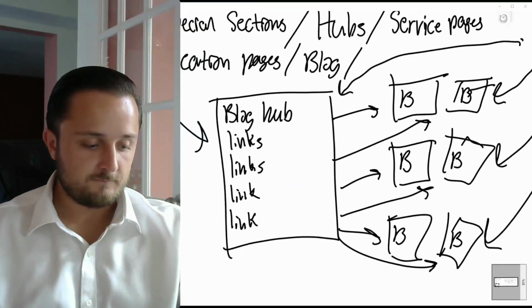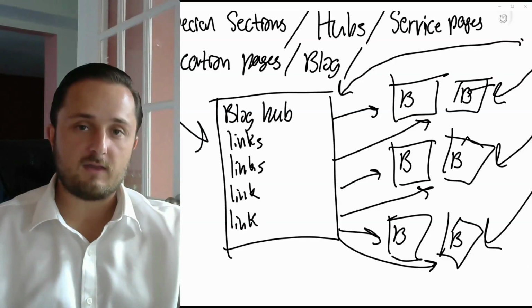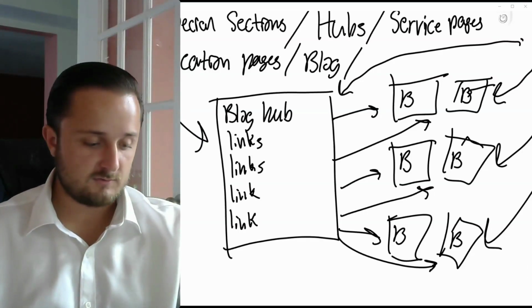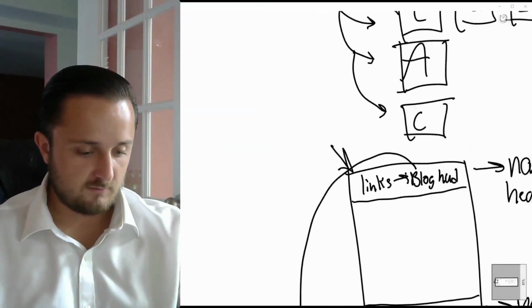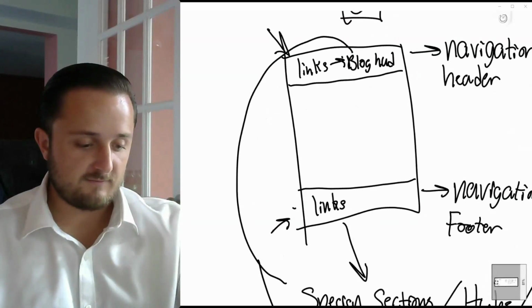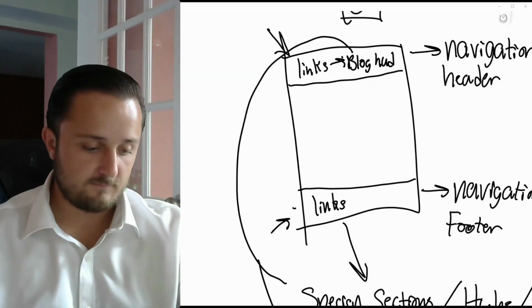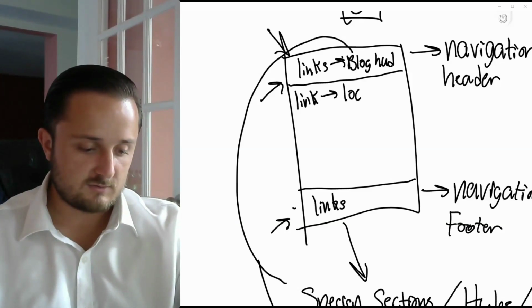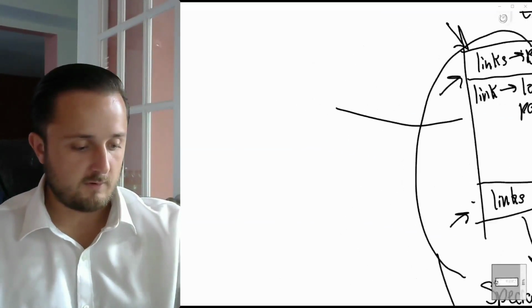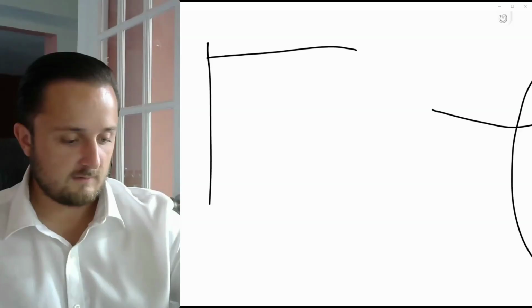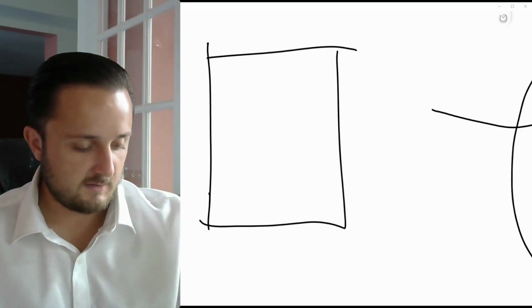So let's say that we had a locations page. So we're going to move over here. Instead of having a link to our blog hub in the header, we had a link to a location page, right? So we'll go out here, and then this will be our locations page.